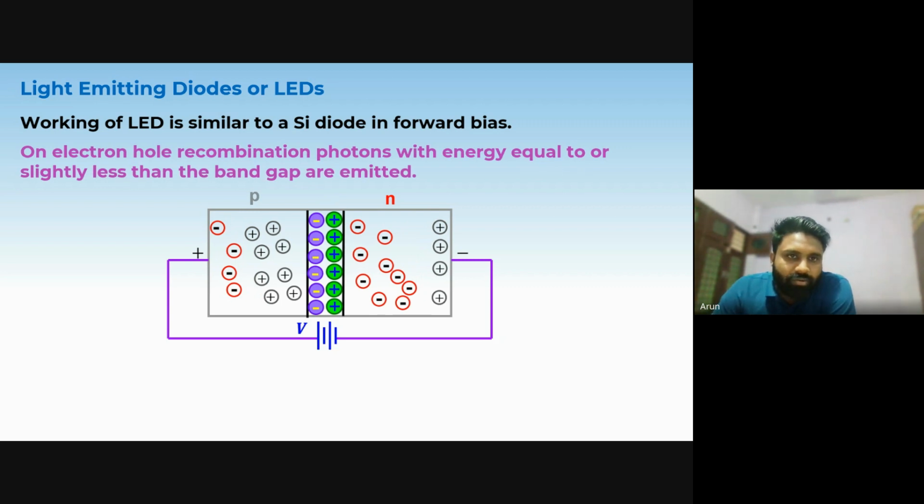So on electron hole recombination, photons with energy equal to or slightly less than the band gap are emitted.